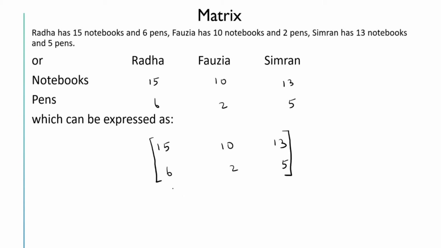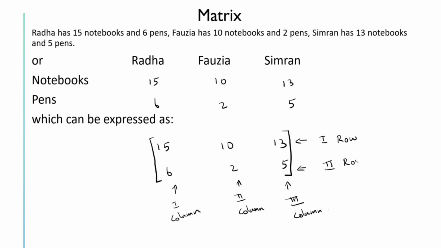So here this one will be the first column, this one will be the second column, this one is the third column, then this one will be the first row, and this is the second row.